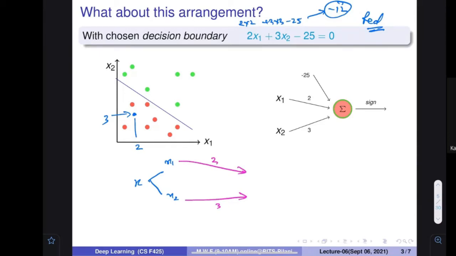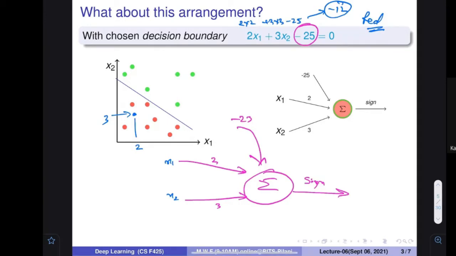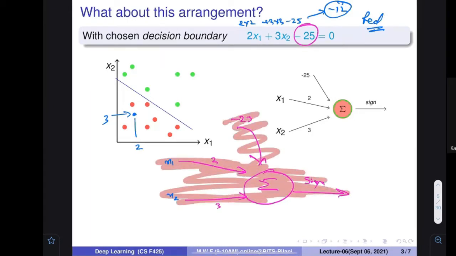And then there is another value, minus 25, because of this quantity. I am going to find the summation of these quantities, and then see what the sign of this quantity is. So I can make this kind of diagram, and this diagram is also a representation of the same equation.